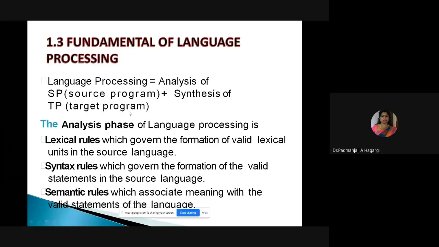The analysis phase of the processing has again three components. The source program is given to the compiler, and during this period the processing steps of the language happen. We have three components: lexical rules, syntax rules, and semantic rules. Lexical rules govern the formation of valid lexical units in the source language.